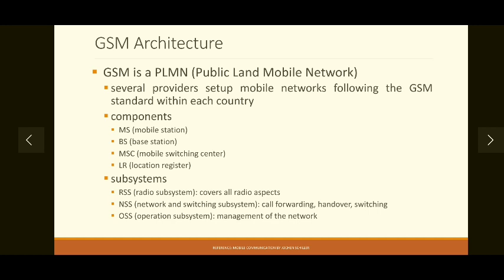Then the second is the network and switching subsystem, which provides the necessary network for establishing a call, forwarding a call, handovers, switching. The meaning of handover switching you will come to know later on. And the third subsystem is for operation and maintenance purposes. That is called the operation subsystem. It manages smooth functionality of the entire network. So let's see these subsystems one by one.